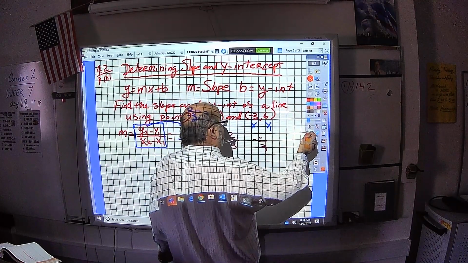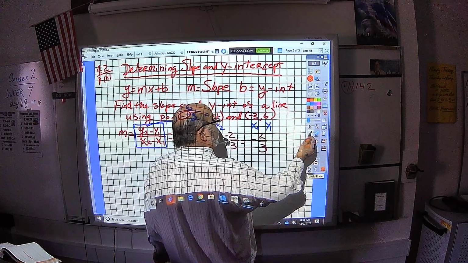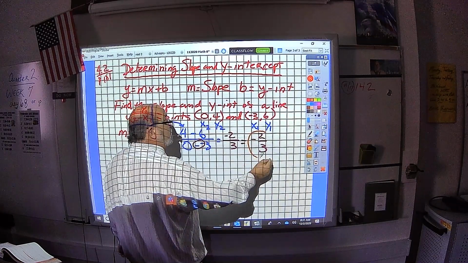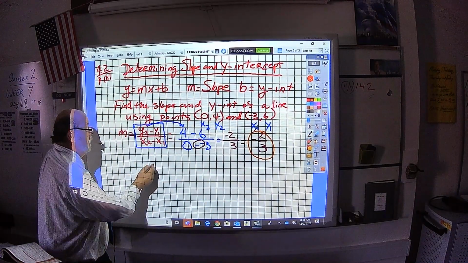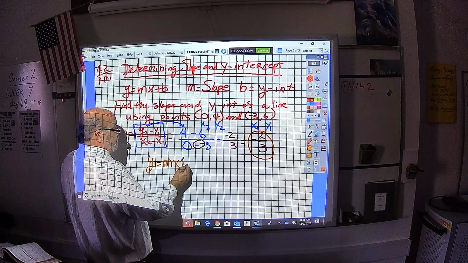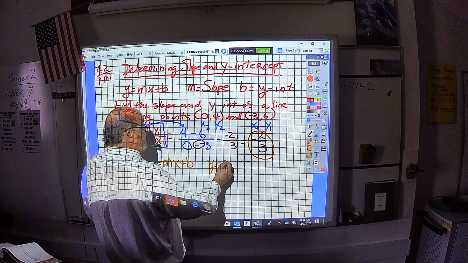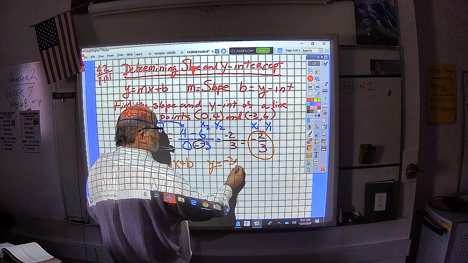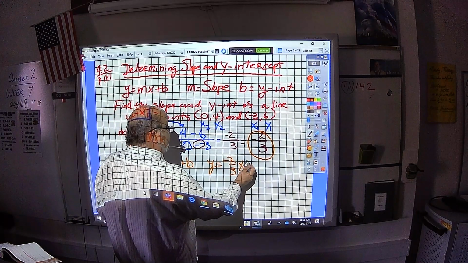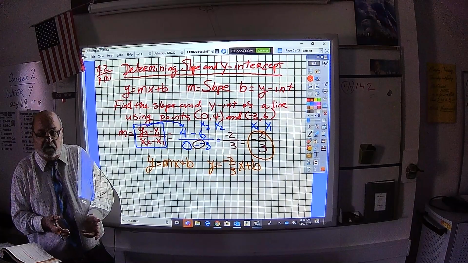I hardly ever use the orange one. All right, so we're going to use that as slope. y equals mx plus b at this point becomes y equals -2/3, because that's our slope, times x plus b. So now all we have to do is figure out what b is.